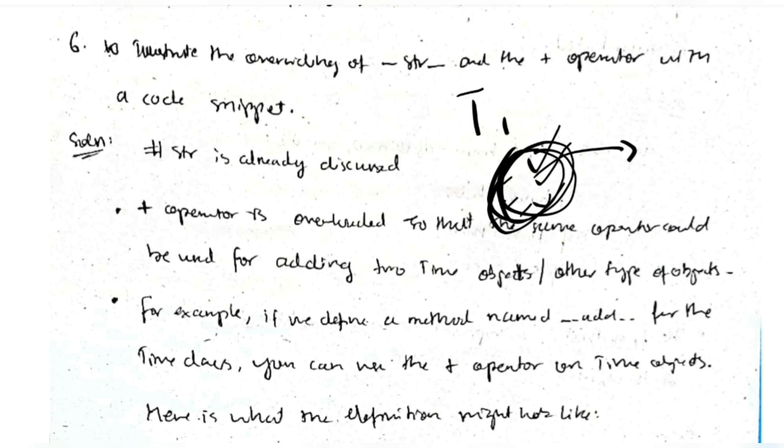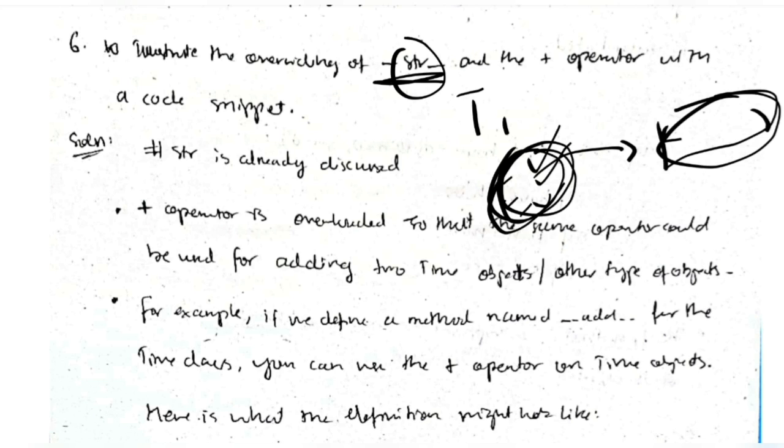I want these three values to be printed in a proper format, so for that I am using the str method. If you don't use it, it will just print the address of the object. If you use it, you can define how the members are to be printed. That's known as overriding of str. Same answer as we discussed in the previous problem.